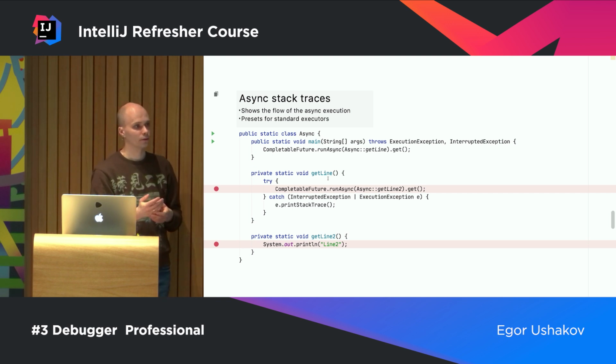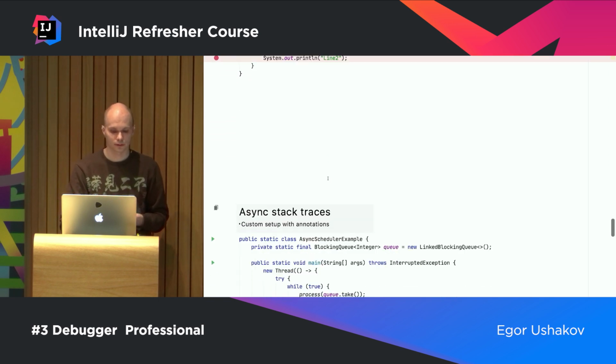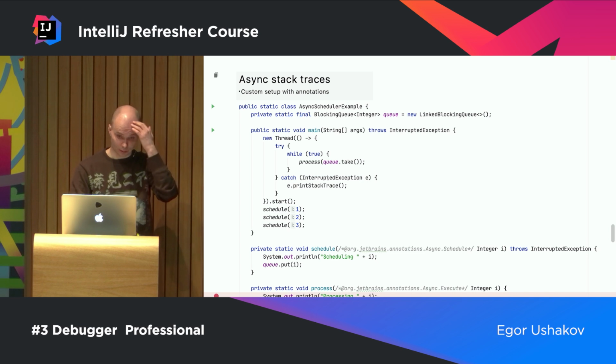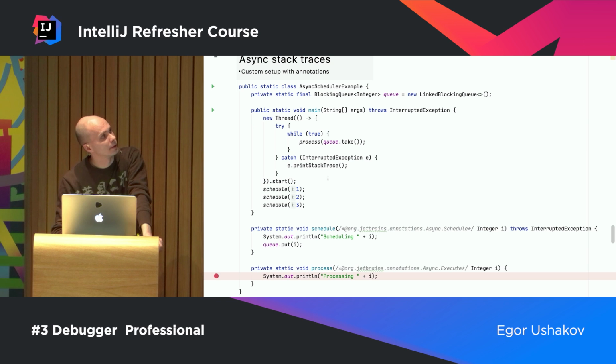Also, if you have your own executors in your application, there's a way to make async stack traces available for you as well. This is a really simple example of a custom scheduler or executor. We have a queue, and we have a thread which processes the elements in the queue.